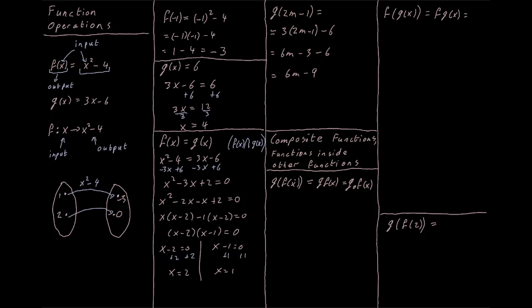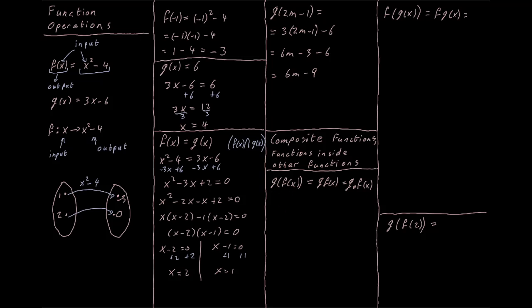A composite function is where we have functions inside of functions, in the same way as composite materials are made up of two or multiple distinct materials. We have composite functions where we have one function inside of another. So we're going to have a look at g of f of x.